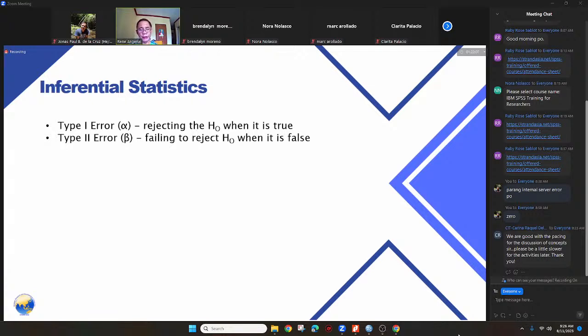So that's why they want to conclude "fail to reject H0", but it's okay. Whether you conclude accept H0 or reject H0, what is important is the implication of your results.